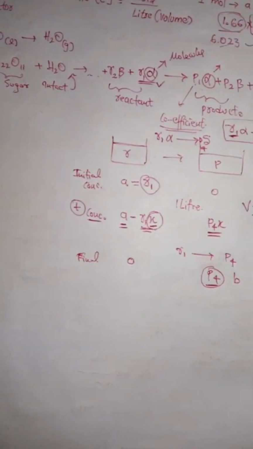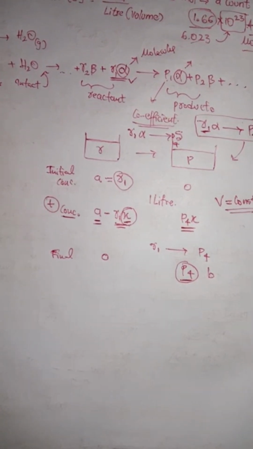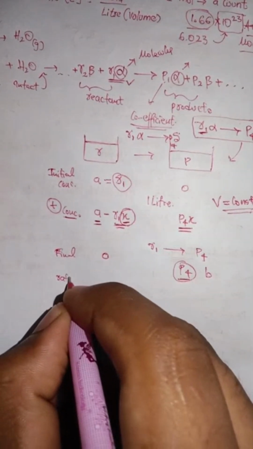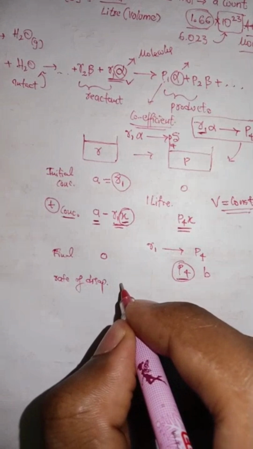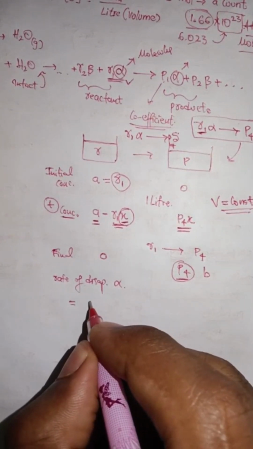And now we take the rate of disappearance of alpha as the change in concentration.